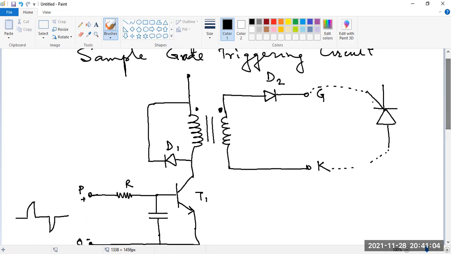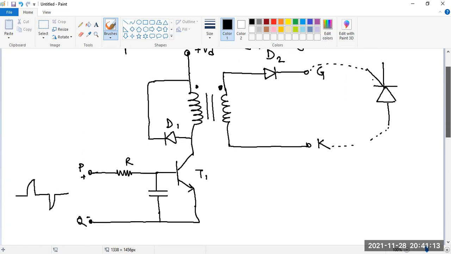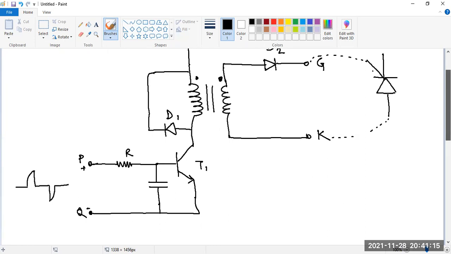One more thing I have to draw here, that is the bias voltage. Suppose some VD is over there. If the base circuit is on, then the device T1 will be turned on.